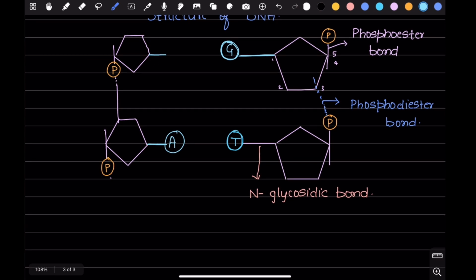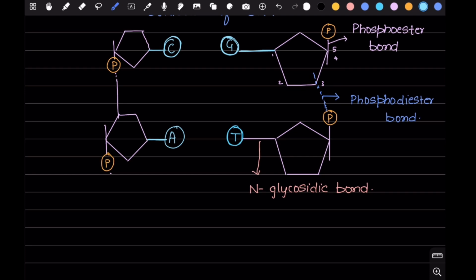This one will be cytosine. So now from here you can see that there should be a bond between these two nitrogenous bases. A bond is always made to connect the two strands between the nitrogenous bases only, and these bonds between the nitrogenous bases are the hydrogen bonds.